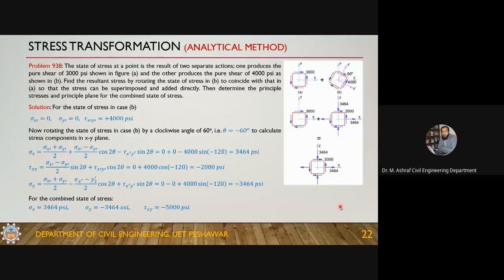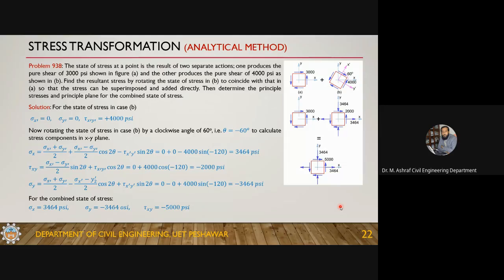Now, this is problem 938. The state of stress at a point is the result of two separate actions. Two actions are applied on a body, and the state of stress at a point within that body is given, so it must be the result of those two actions acting on the body.